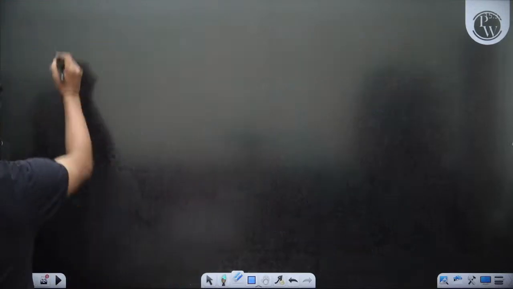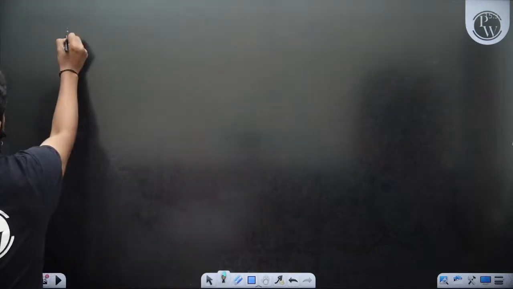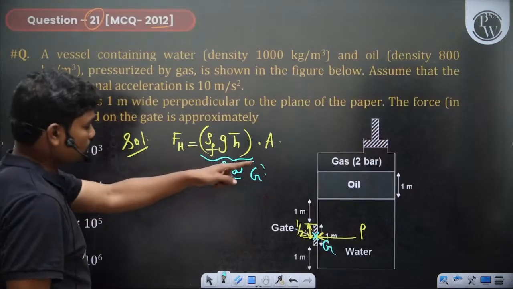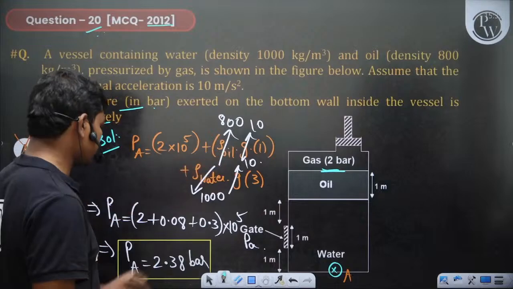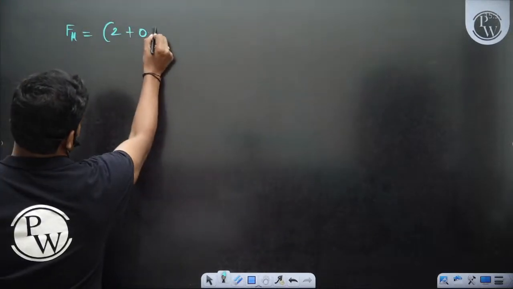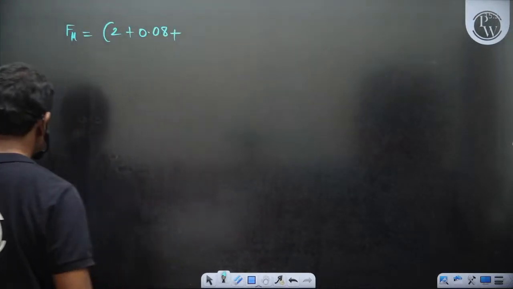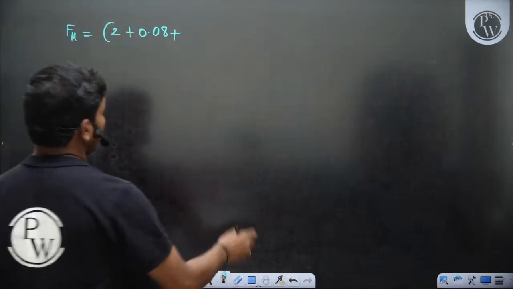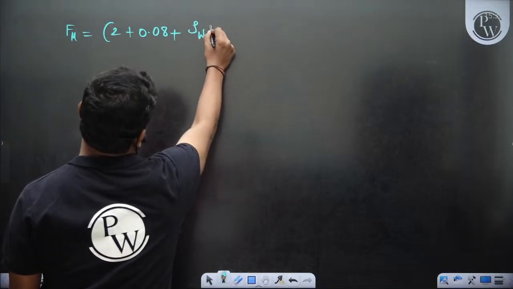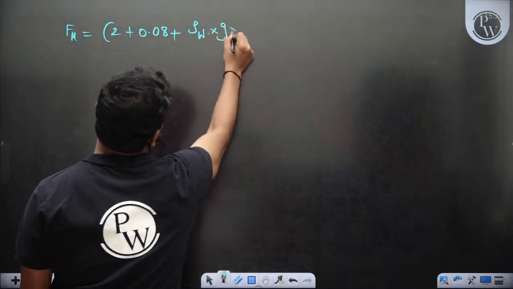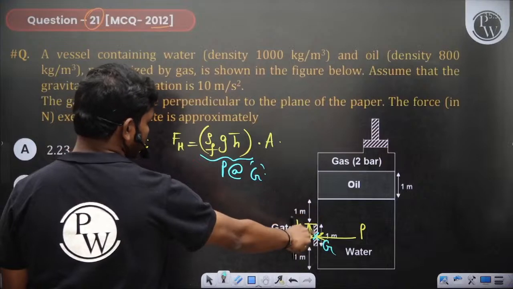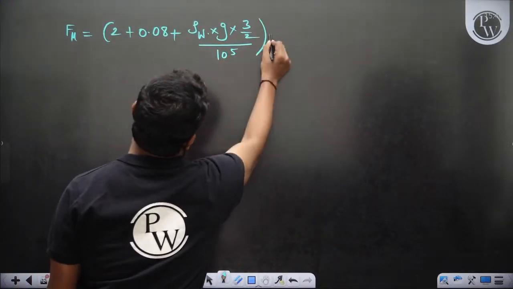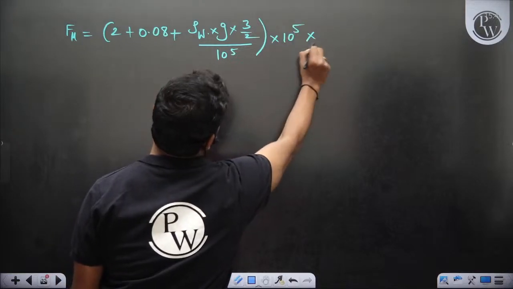Maybe I'll go for a new page. 2 plus this oil, which has contributed 0.08, plus the density of water into g into 1 plus half, which is 3/2, divided by 10 power 5, into 10 power 5 pascals into area which is 1.